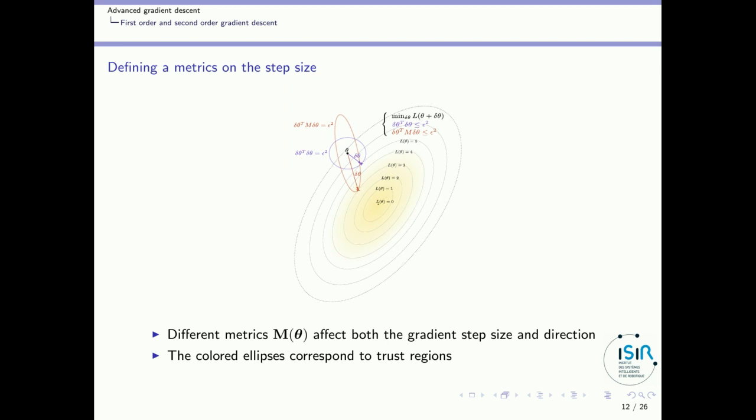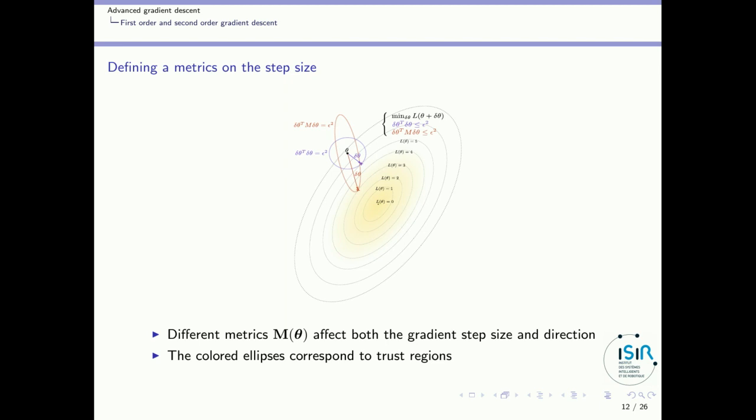If we are using as the M theta matrix the identity, then we want to constrain epsilon to be into this circular area. Okay, so the best we can do is go here and we get this value of the gradient. But if we take a different M matrix, which may correspond to that particular ellipse, then still with the same constraint, we can perform that step for theta and go much further or much closer to the local optimum.